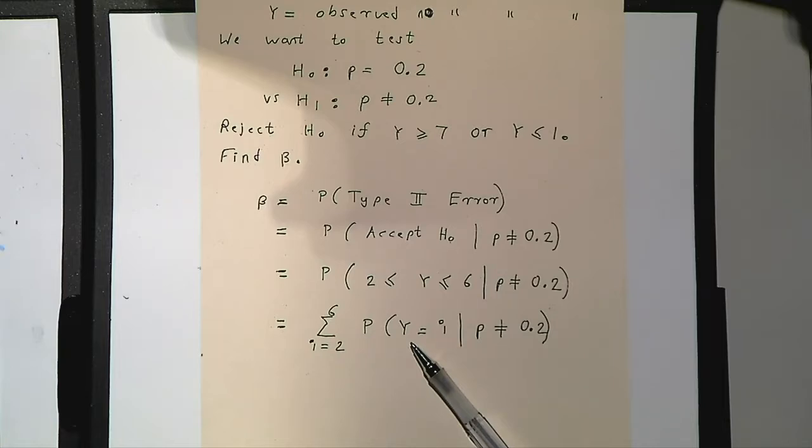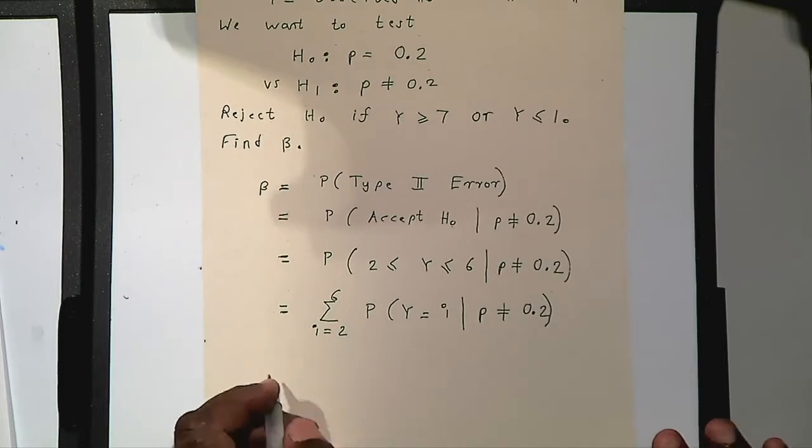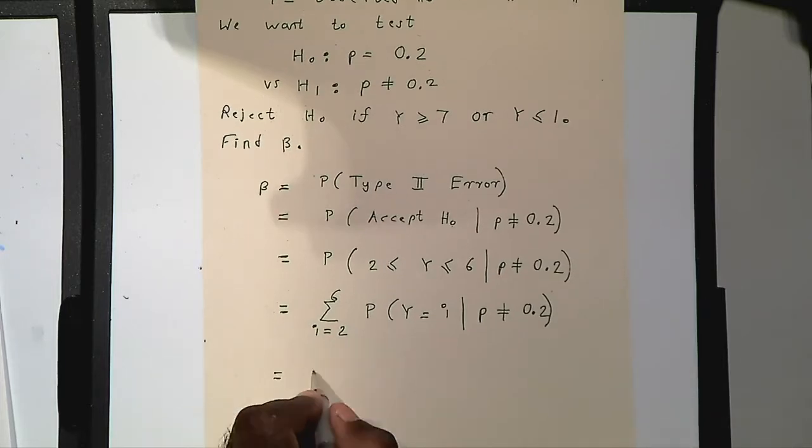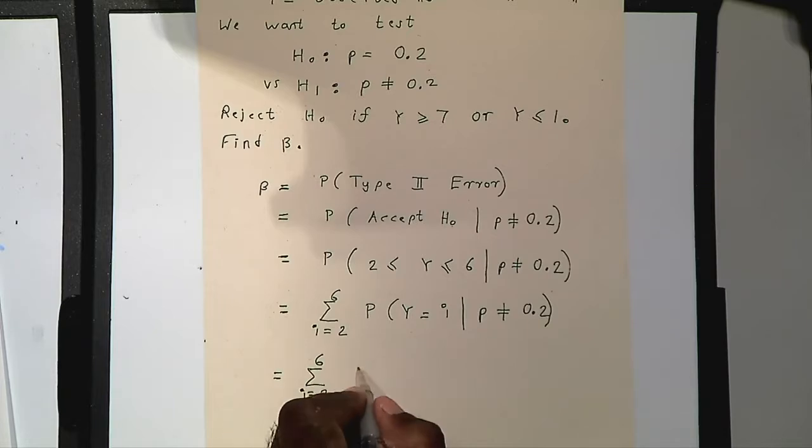You have a bag of 20 items, or 20 balls. Some of them are defective and some of them are not defective, right? And Y is the number of items that are defective.